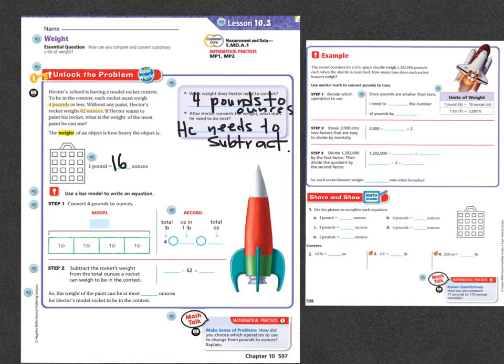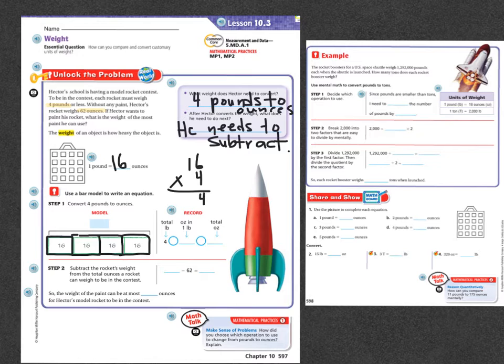Well, if I know that 1 pound equals 16 ounces, I'm going to have my 4 pounds here, and I'm going to put 16 in each one. And now I could either add 16 4 times, or I can multiply it by 4. 4 times 6 is 24.